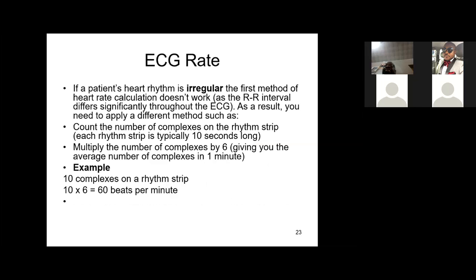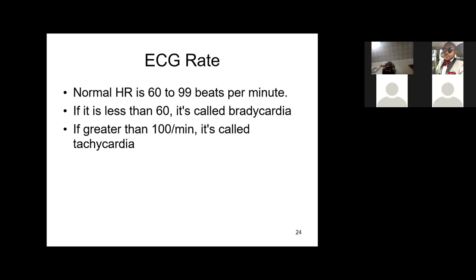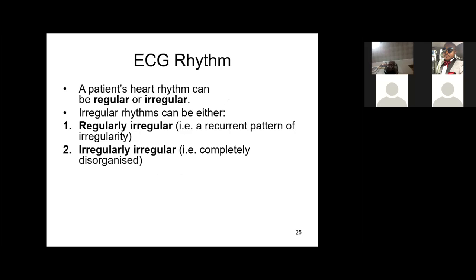We multiply the number of complexes by 6, giving you the average number of complexes in 1 minute. Example, 10 complexes on a rhythm strip, 10 times 6 gives us 60 beats per minute. The normal heart rate is between 60 to 99 or 100 beats per minute. If it's less than 60, it's called bradycardia. Greater than 100 beats per minute, it's called tachycardia.